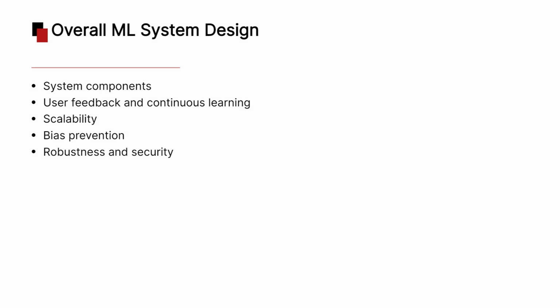In a GenAI context, this might also include retrieval-augmented generation modules, content filters, and embedding databases. A well-architected component layout ensures each piece integrates smoothly while being maintainable and extensible.